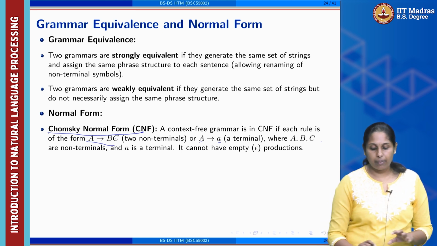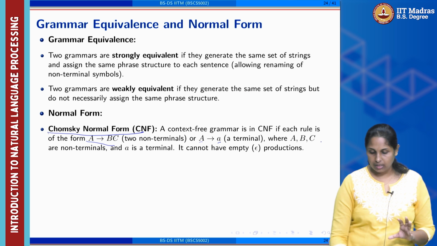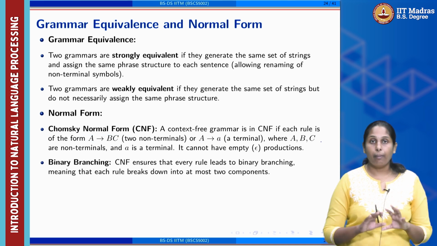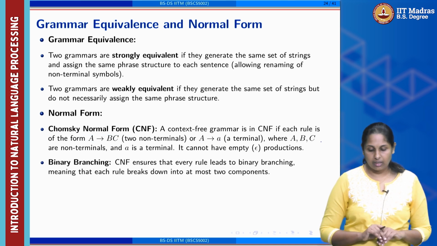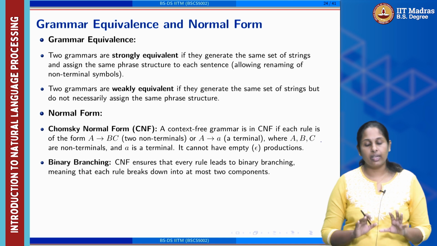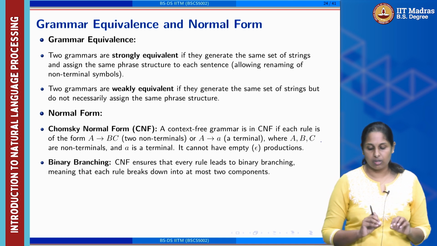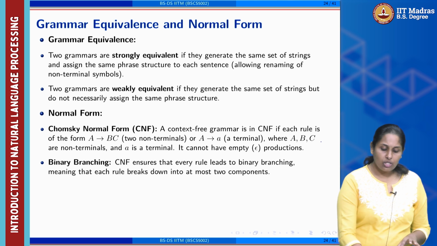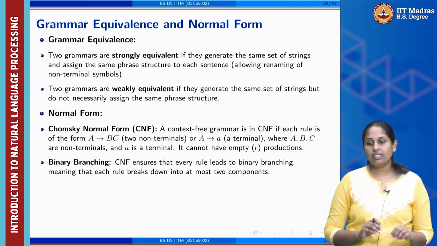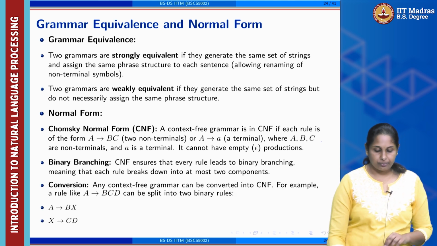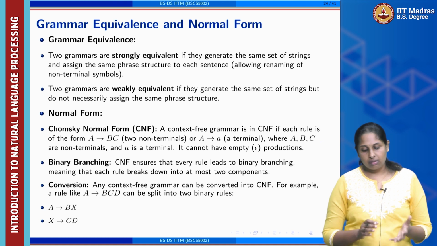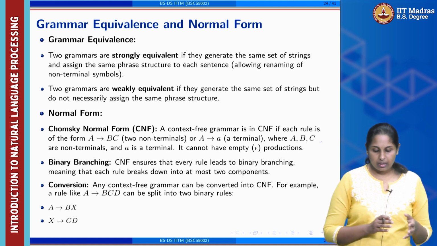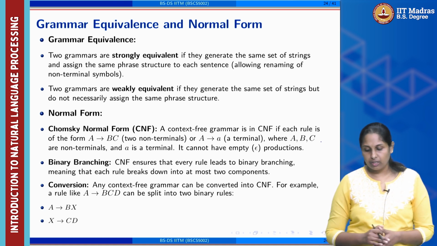It cannot have an empty production in this CNF format. Binary branching is another important thing here. CNF ensures that every rule leads to binary branching, meaning that each rule breaks down into two components. The conversion is another important thing, because a context-free grammar can be converted into CNF.